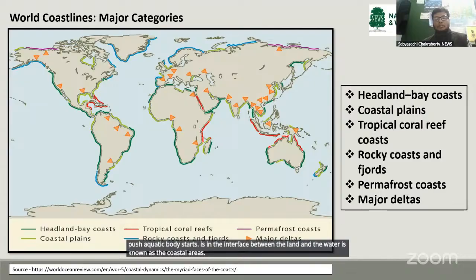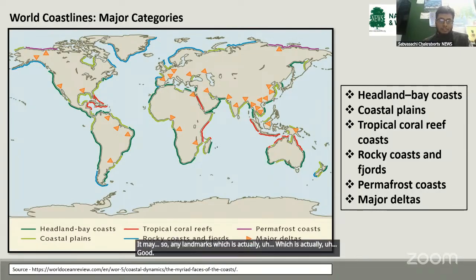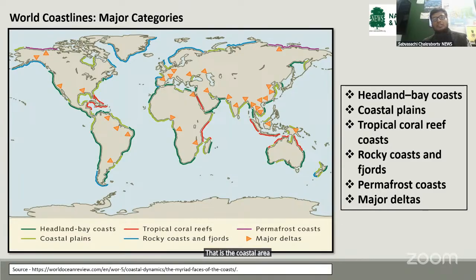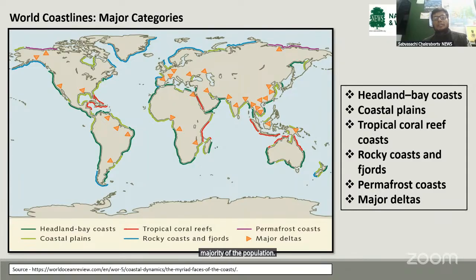Any landmass which is converging into the sea area, that is the coastal area. And we all know the coastal areas are very diverse in terms of biodiversity and in terms of occupation like fishing, and these areas have huge potential to support the majority of the population, who thrive in this region.